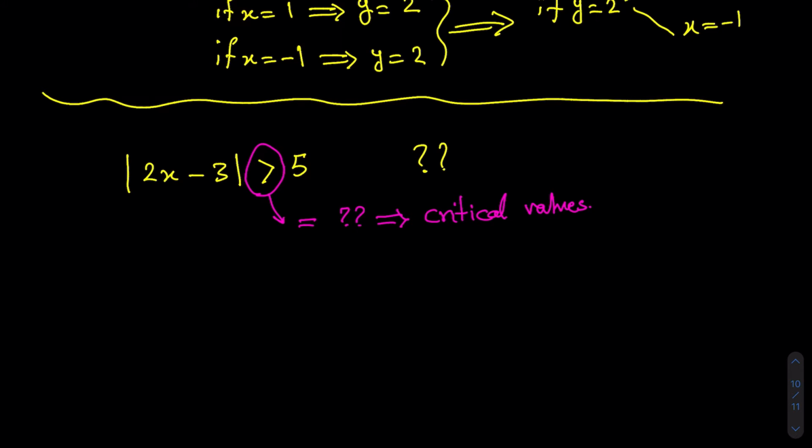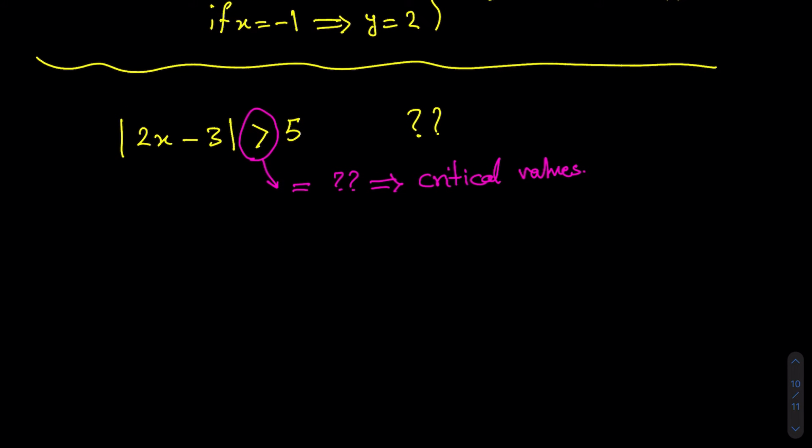That's why we change the inequality sign to equality in the solution. Then we will get the answer based on the inequality. So this is just a part of the solution. It doesn't mean that we need to change the question. Let's go ahead and see how it works.